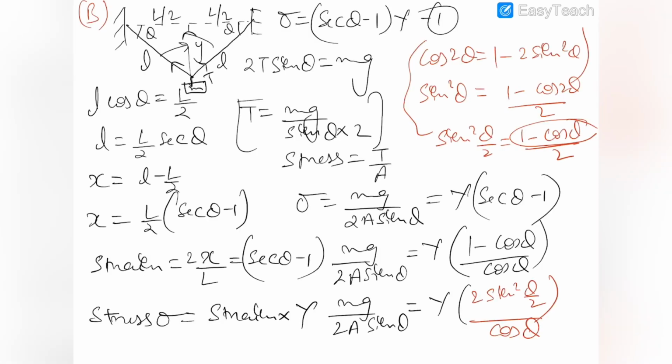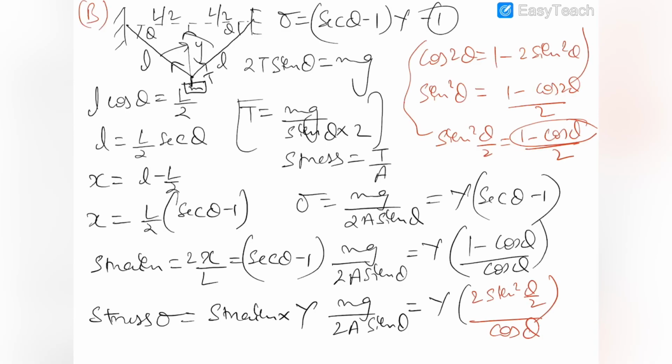And now you can see that mg by 2a sin theta is equal to gamma into 2 sin square theta by 2.